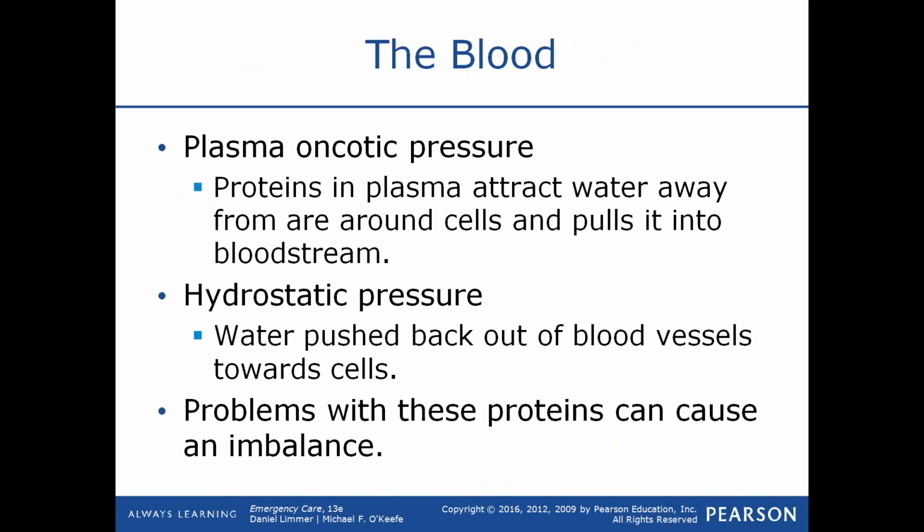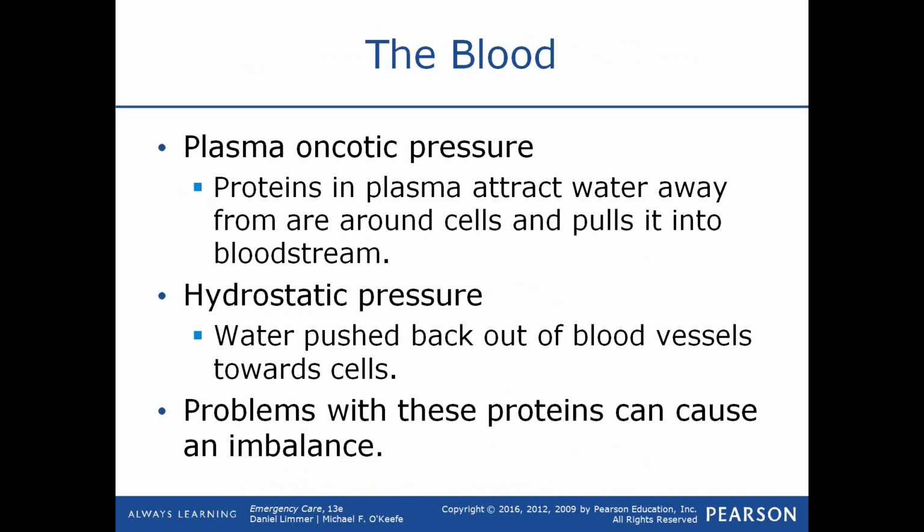Now, plasma oncotic pressure deals with the proteins in the plasma that attract water away from or around the cells and pull that water into the bloodstream. So the higher the oncotic pressure of plasma, the more water it will pull from the cell into the bloodstream.